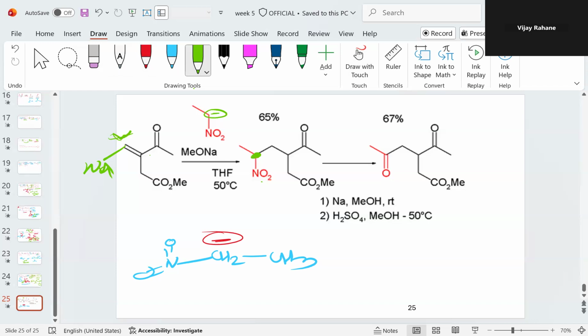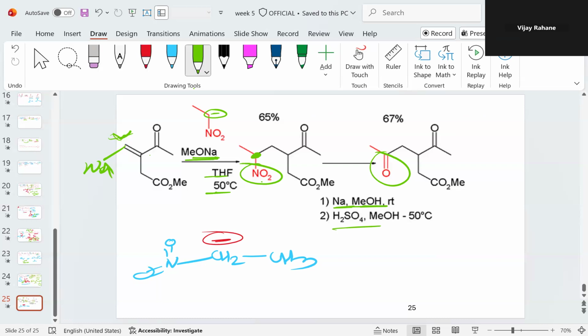And what is the reagent condition? Just sodium methoxide and THF, right? So this is what we get here. And further, this is one of the Nef reactions. If you remember, this is the Nef reaction, in which we can convert this nitro group to the ketone group. What are the reagents? Sodium metal, methanol.